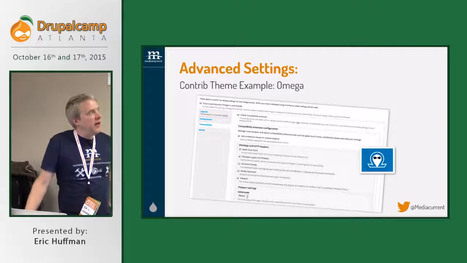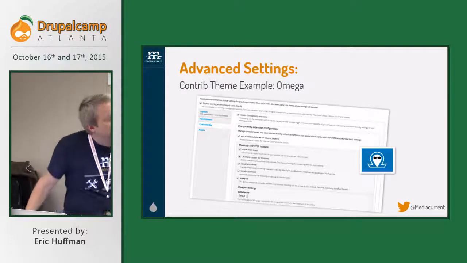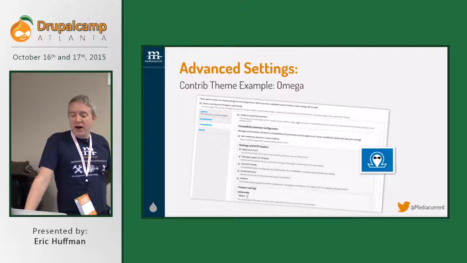And then, of course, we have a heavy hitter like Omega, with heavy use of advanced theme settings. There's extensive layout and development tools, browser compatibility tools. With all these different settings, it's almost like TurboTax or something, going through here and entering everything. It takes a while.